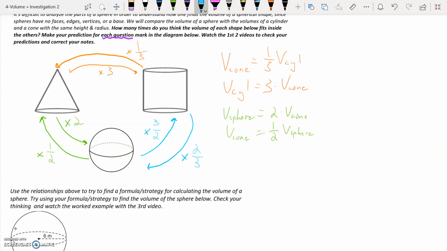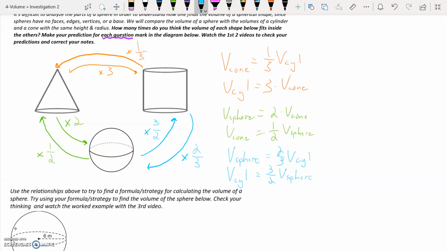And then you could also say that the volume of a sphere is equal to 2/3 the volume of a cylinder. You could also say the volume of a cylinder is equal to 3/2, or 1.5, spheres with the same diameter.